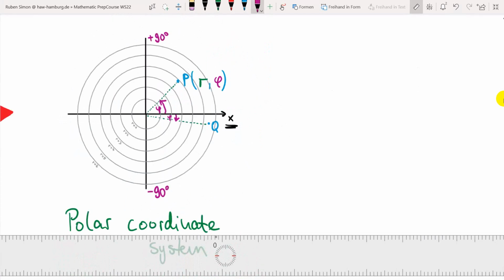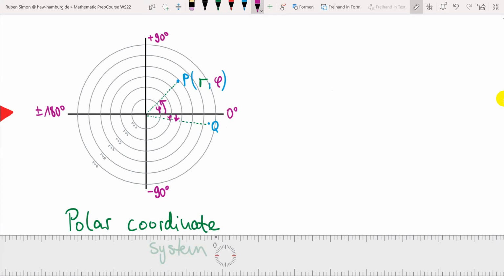And when you're crossing the x-axis again, this will be either positive or negative 180 degrees. So there is no definition for that. And of course, that's why I said this is no longer the x-axis, because actually this is now the position where you have an angle of 0 degrees.